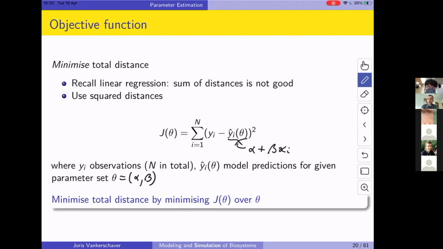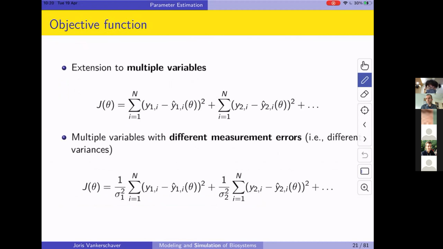There are a few extensions here on the slide that I will briefly mention, but they're not that important. If we have our objective function for one model, then we can concatenate several models equally well, if, for instance, we have several outcomes that we want to study at the same time.